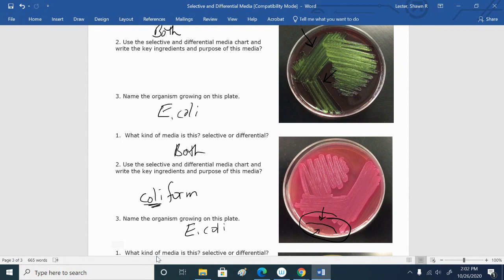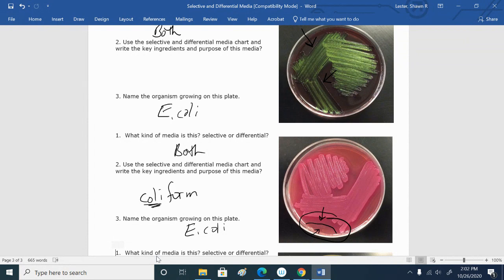And like she said, these are not necessarily pathogenic. Many of them are part of our normal flora, like E. coli and Enterobacter. But when it comes to coliforms, we will see this word again later when we do the water quality analysis, because the water quality lab is looking for coliforms in your drinking water.